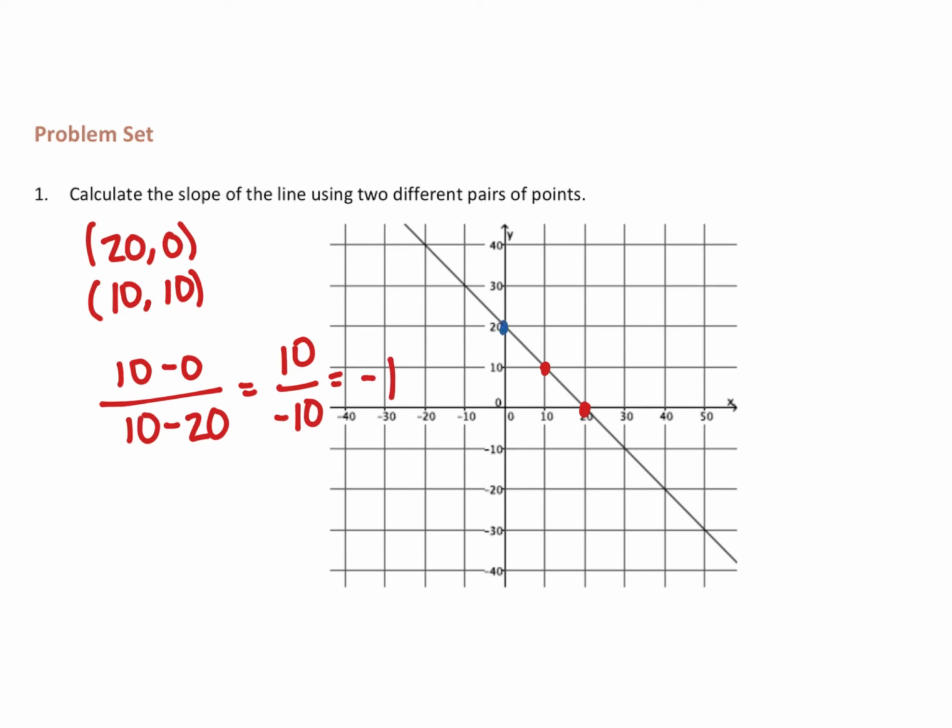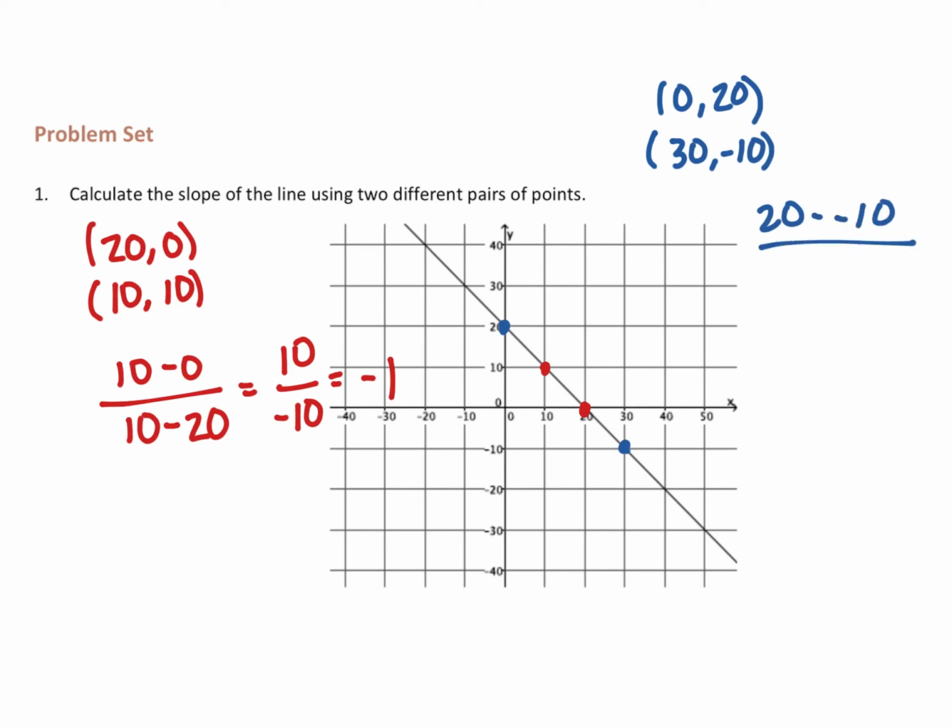So here I have 20, so 0, 20. And we'll use maybe 30, negative 10. I want to subtract the y values, so I'm going to start with the top this time. 20 minus negative 10.